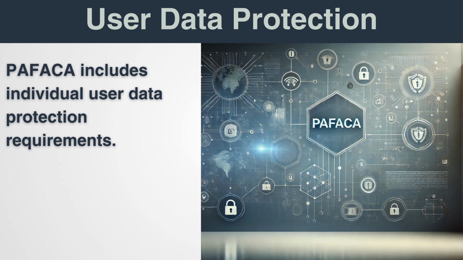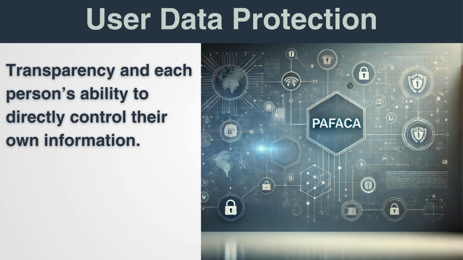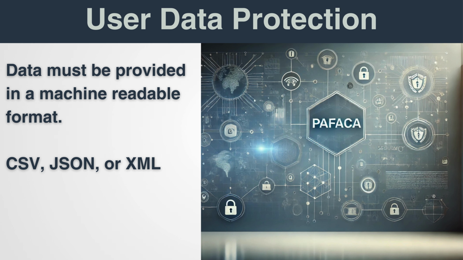PAFACA includes a robust provision to protect the rights of individual users regarding their personal data. The law requires that users can access all personal data collected by the application at any time upon request. This ensures transparency and provides users with direct control over their information. To facilitate ease of access and interoperability, the data must be provided in a machine-readable format.